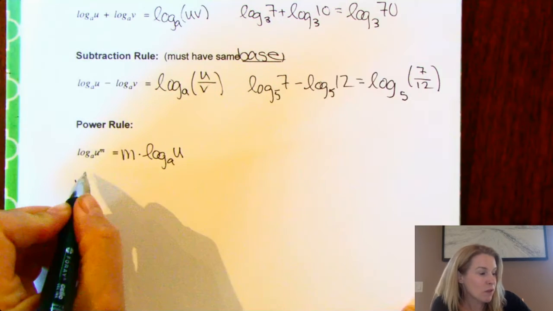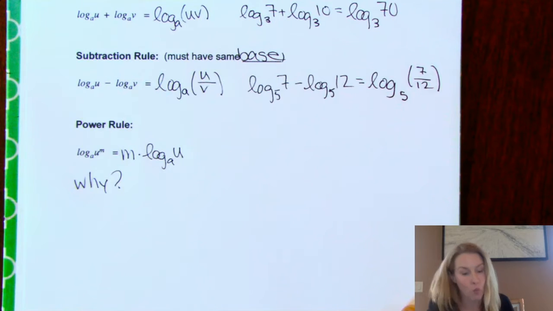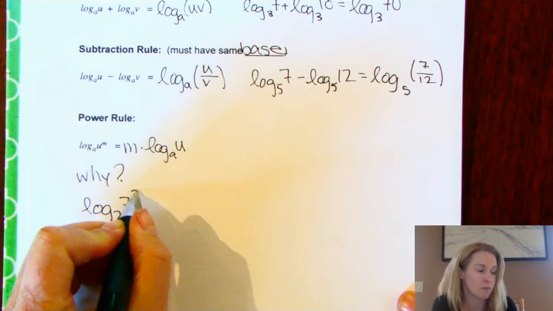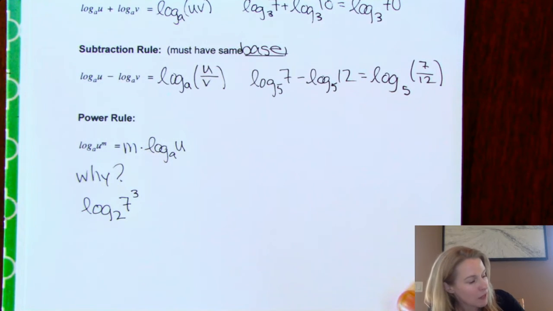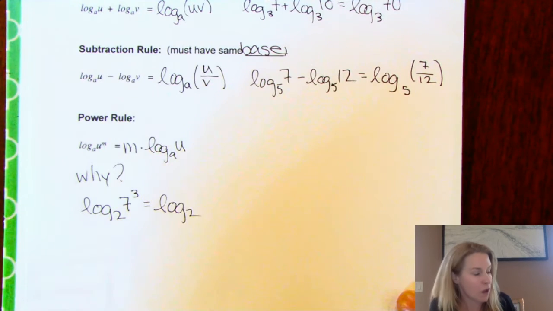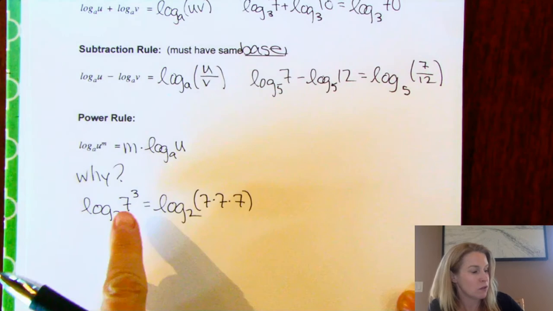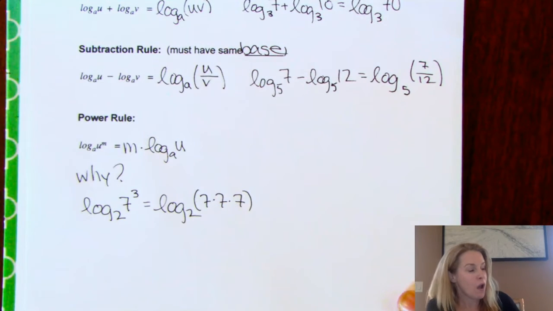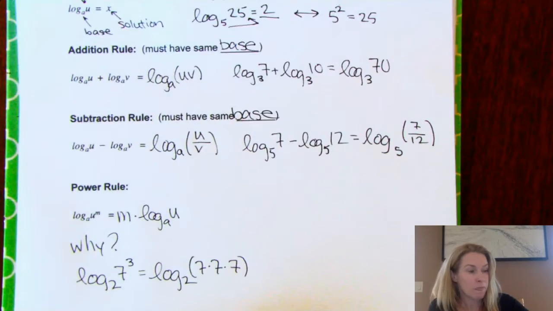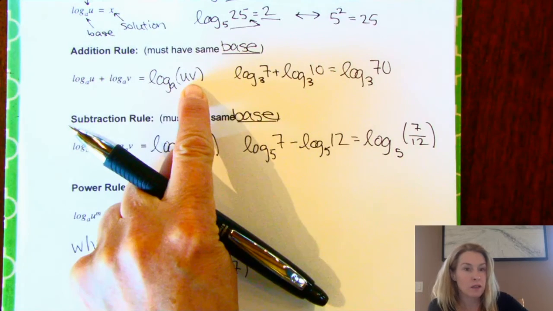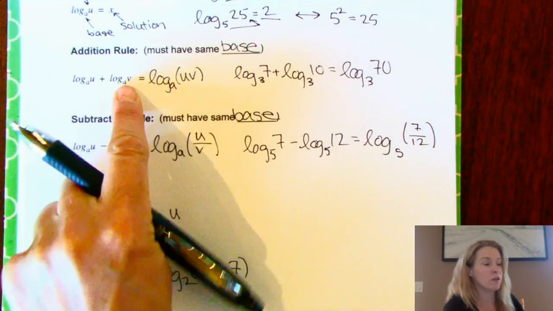Now, you might be wondering, why is that true? Well, here's an example as to why. If I had log base 2 of 7 cubed, that's the same thing as log base 2 of 7 times 7 times 7. Great. Hey, that's multiplication. I can use the addition rule to take that product inside the log and expand it out with addition.